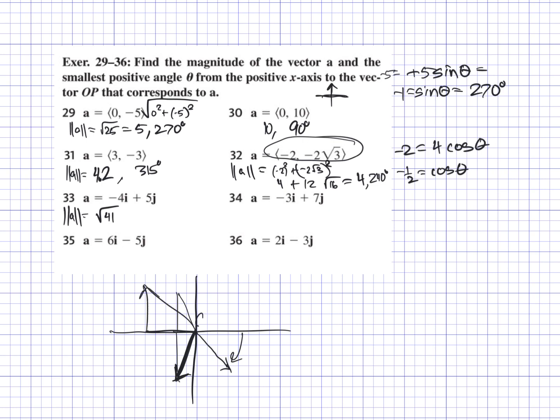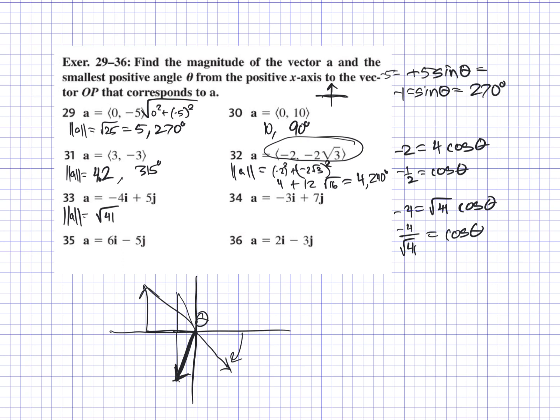All right, so now we need to know theta. We can use the horizontal component again. Negative 4 equals the square root of 41 times the cosine of theta. So negative 4 over the square root of 41 equals the cosine of theta. So you do the arc cosine of negative 4 divided by the square root of 41, and we get 51 degrees.